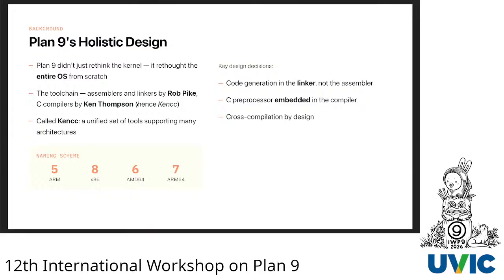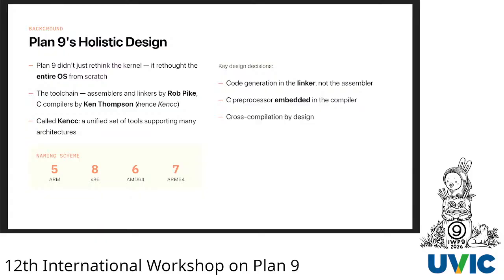Another key design decision was that, 30 years ago, they thought from the beginning about making it easy to cross-compile. Now there's a tool like Zig that claims to make cross-compiling easy, but 30 years ago the Plan 9 toolchain was already doing that. How they did it: there's a simple naming scheme where every architecture was a different character.